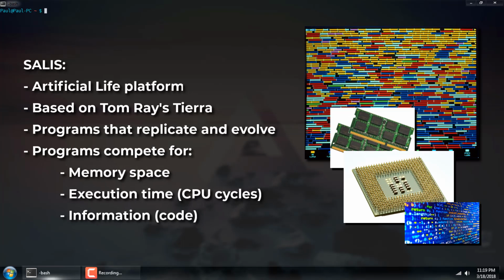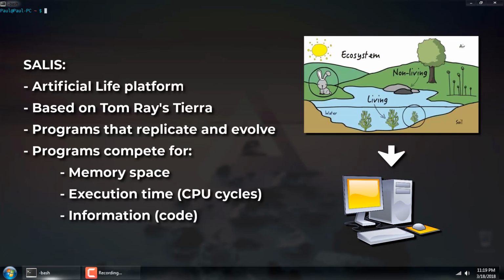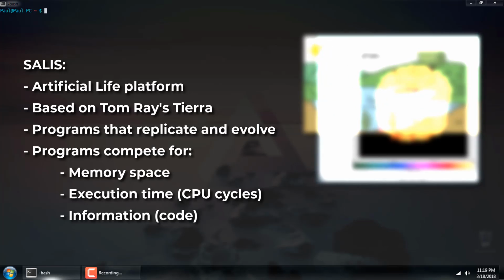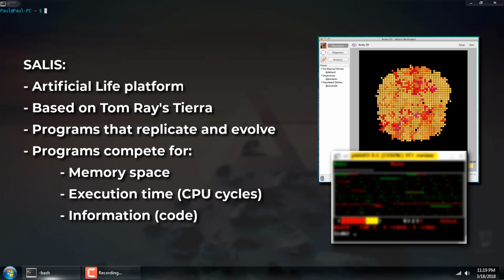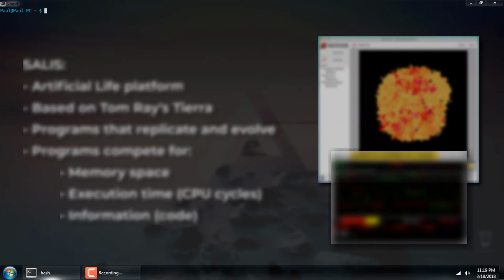In short, Salis can be thought of as an instantiation of life, an ecosystem inside your computer, rather than a simulation of life. Besides Tierra, Salis also takes inspiration from Evita, Core Wars and other similar works. To get a more in-depth introduction to Salis, make sure to check out the first 3 videos of this series if you haven't already done so.